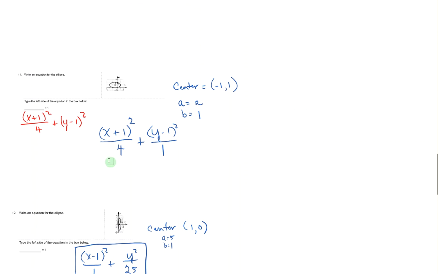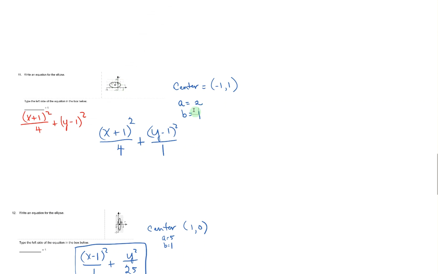Number 11, they've given you a picture and said find the equation for the ellipse. And if we look there, that point in the center is (-1, 1). So on the graph, you can kind of count. You can see that from the center to this vertex, it's 1, 2, both ways, and on the minor axis it is 1.